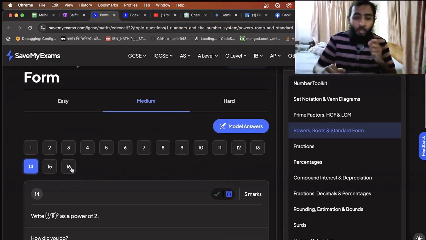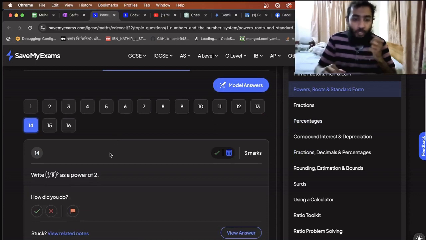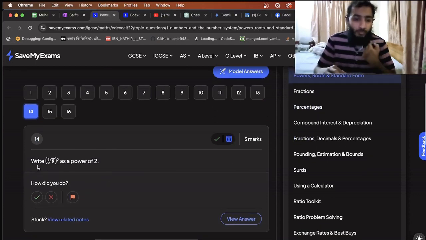Now I'll focus on problem number 14 in the medium category of powers, roots and standard form. What does problem 14 say? It says you have to write this number as a power of 2: the fourth root of 8, the whole to the power 5, as a power of 2.